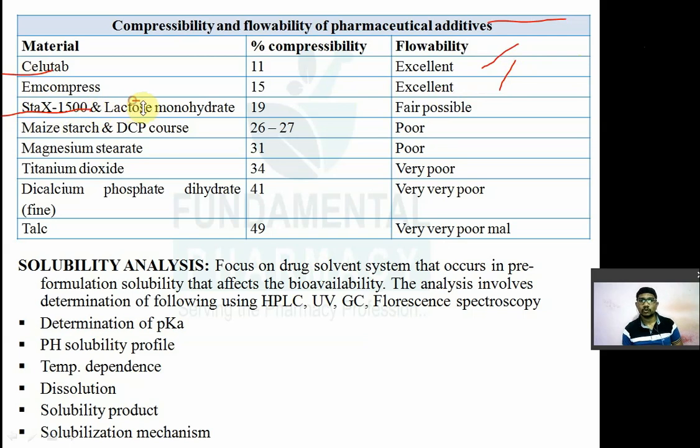Then lactose monohydrate has 19% compressibility and fair to possible flowability. Then maize starch and dicalcium phosphate, coarse grade, have compressibility between 26 to 27 and poor flowability. Titanium oxide is used as an opacifying agent.